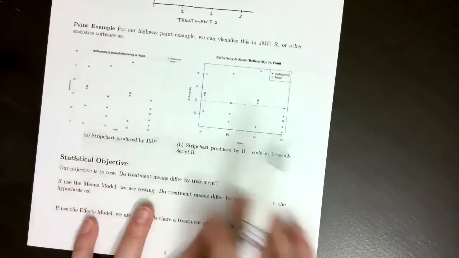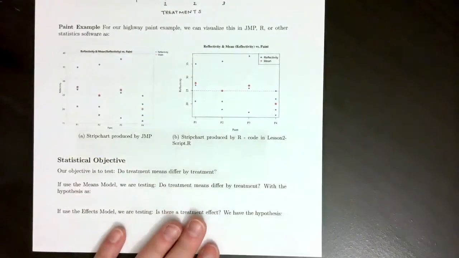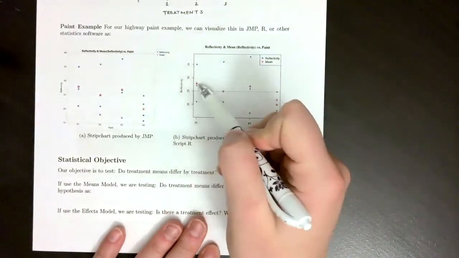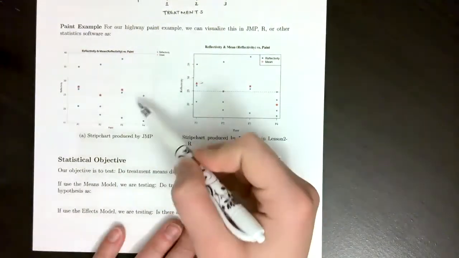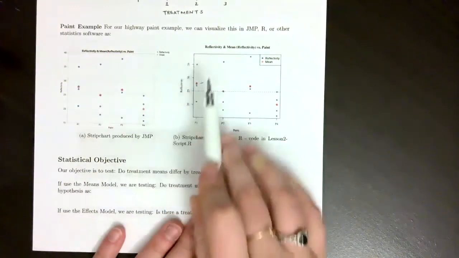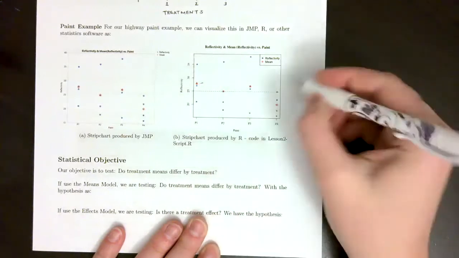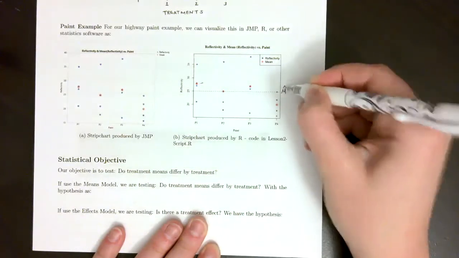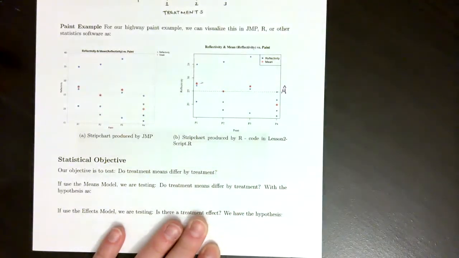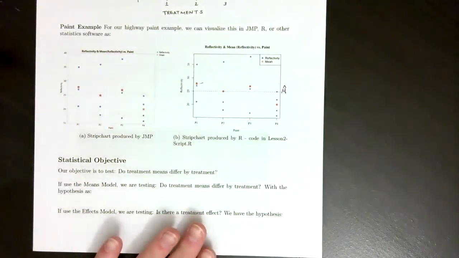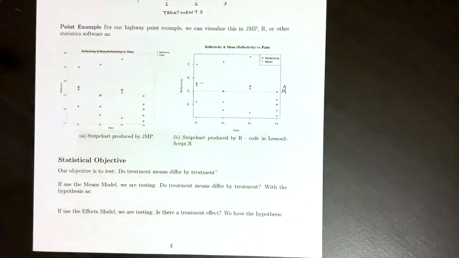I have both depending on which method you're using, where the red dots here are the means and the blue are the observations. In R, I drew the overall mean, so this is mu hat, that dashed line. We could have done it in JMP, I just didn't think about it when I made the JMP plot, okay?